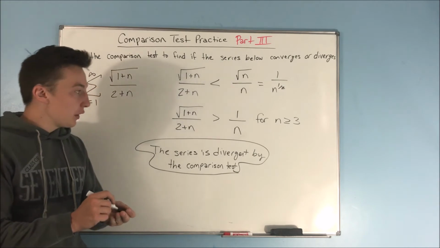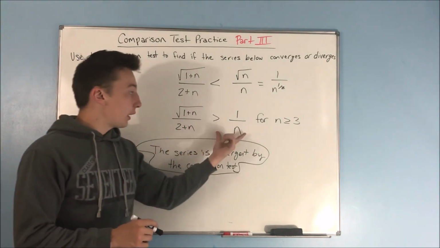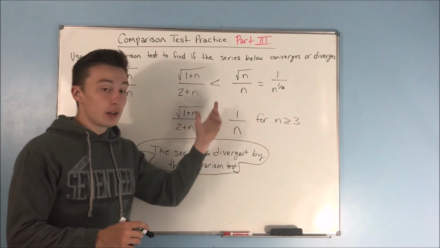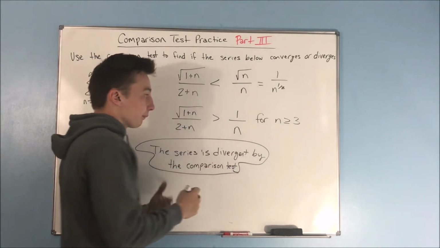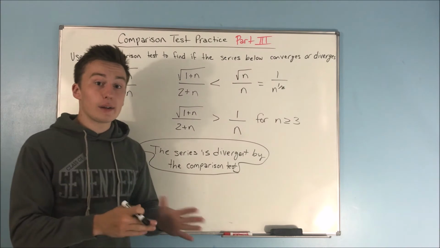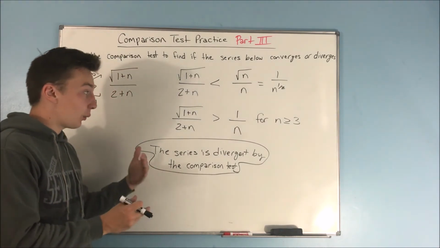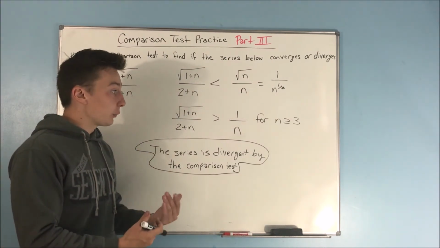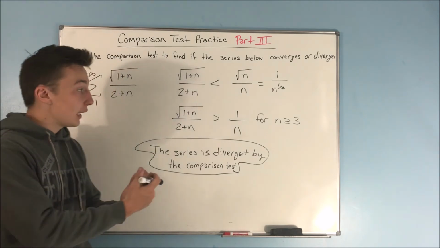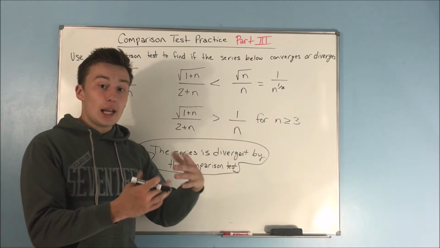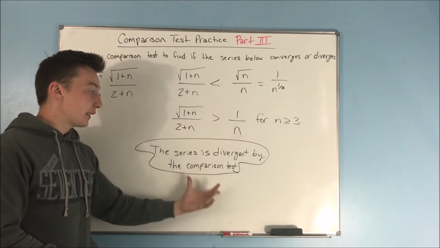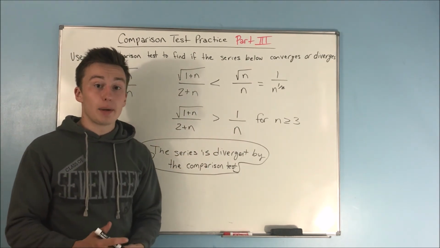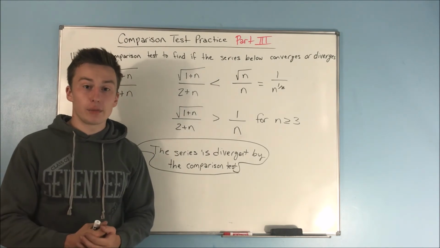If you do try to make a wild comparison like this, where you just forget about the numerator entirely to make this bigger than this, then I would try to write out some terms, because maybe you'll see that it doesn't work at first, as it didn't with n equals 1 and n equals 2, but after we got to n equals 3 and so on, it then worked. So that's why we're able to make this comparison and say that the series is divergent by the comparison test. That's going to do it for this video.